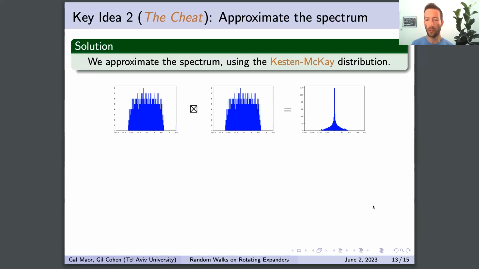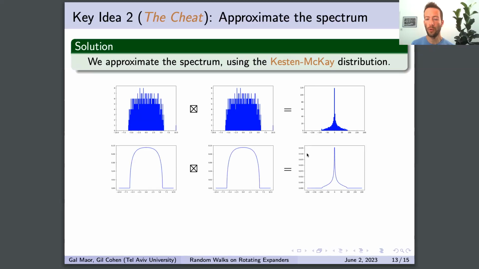Now, again, a little bit more formally, what we do is, recall that we wanted to calculate the multiplicative convolution of two distributions to get the third one, but this seemed analytically impossible. So what we do is we use their idealized versions, the ideal objects, which are the Kesten-McKay distributions, and we convolve them to get the third distribution that we're interested in. Now, I've shown the formula for the Kesten-McKay distribution.